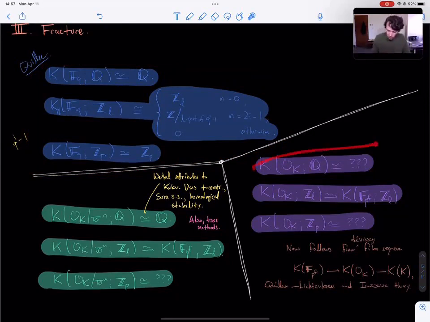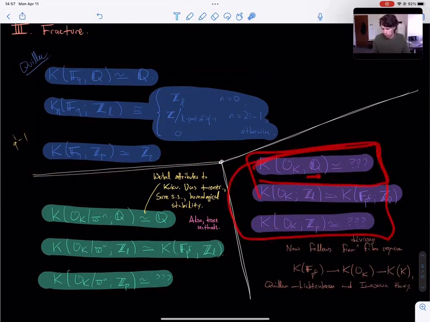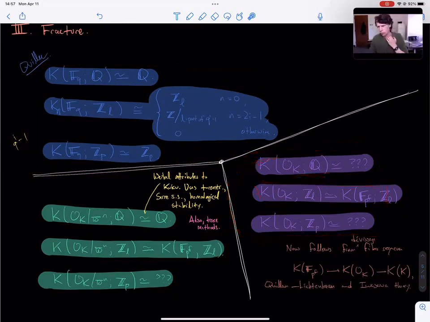Now, in the O_K case over here, I basically don't know anything personally about the structure of the rational K theory of p-adic rings of integers. Off the top of my head, I'm not sure anything's known, but I could be wrong. It's going to be pretty complicated.